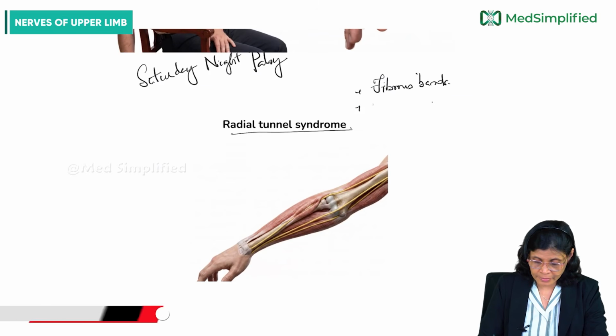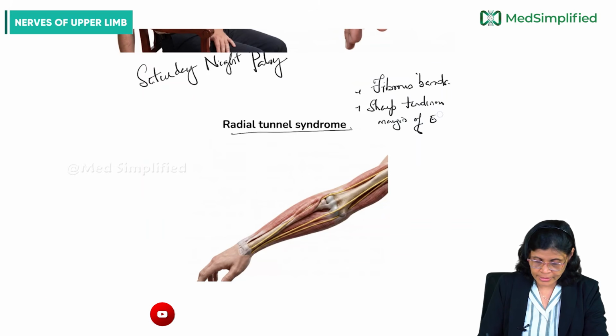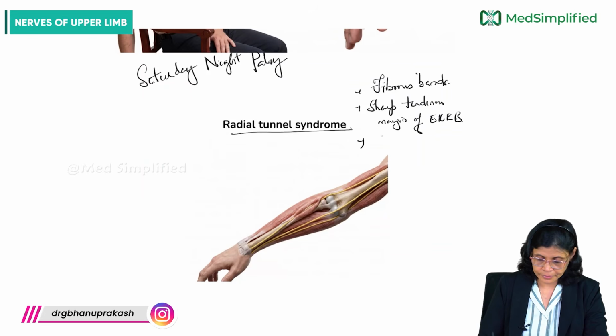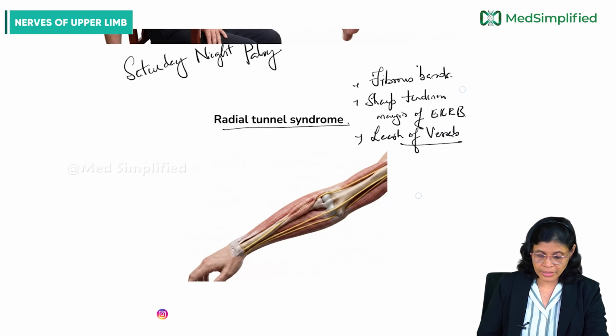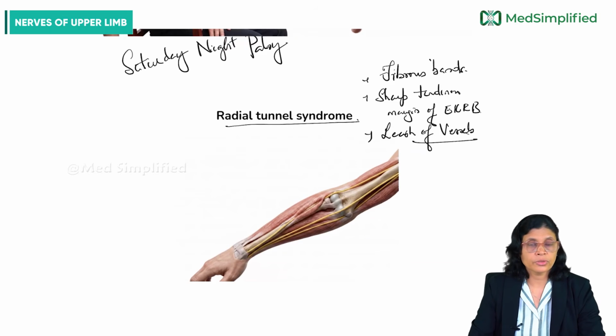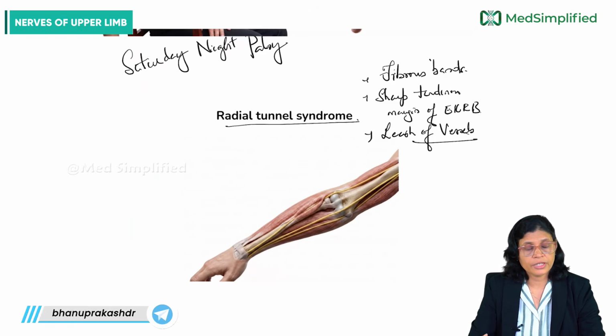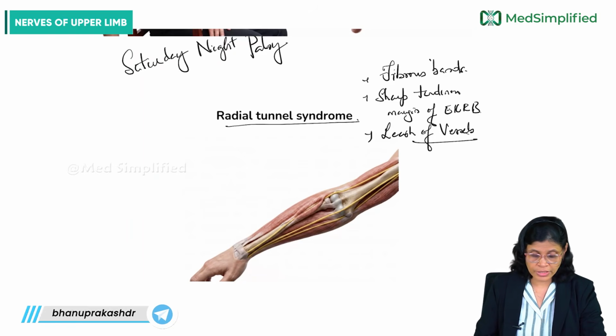Next, the sharp tendinous margin of extensor carpi radialis brevis muscle can also cause pressure there. Then leash of vessels, okay, leash of vessels from the radial recurrent artery. So these vessels can also compress, okay, over the posterior interosseous nerve branch, and it can cause injury there.